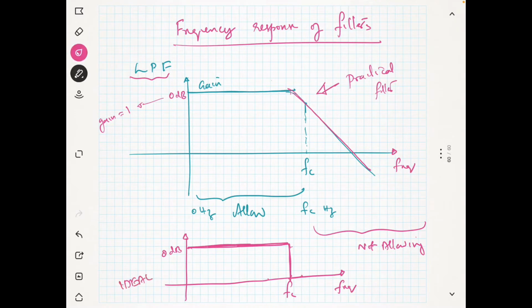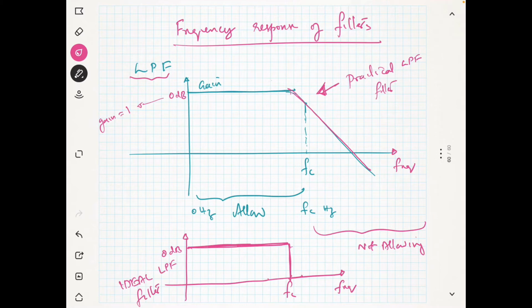The first one is the practical low pass filter. But we will not get these characteristics; it's very difficult to obtain them.